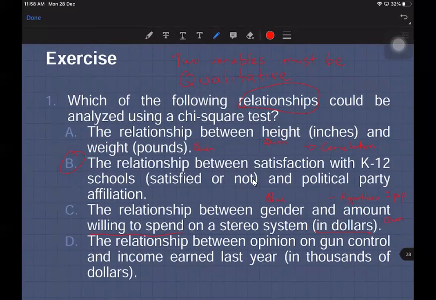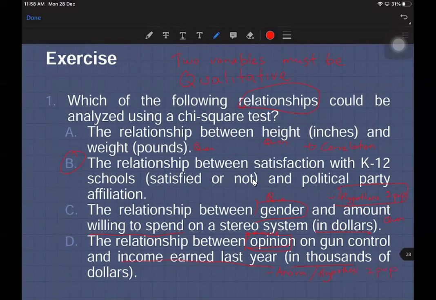D, the relationship between opinion, qualitative, and income earned in thousands. If you have two opinions, you use hypothesis testing for two populations. If your opinion has three or more categories, you will use ANOVA. So opinion or gender is qualitative, and we are comparing groups.